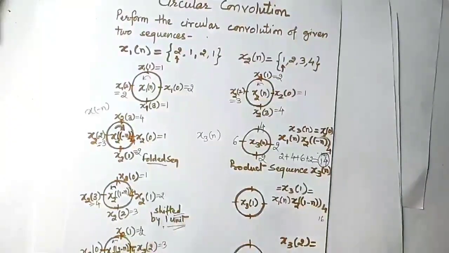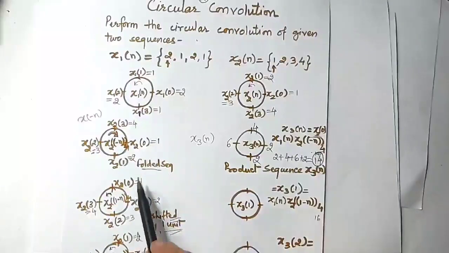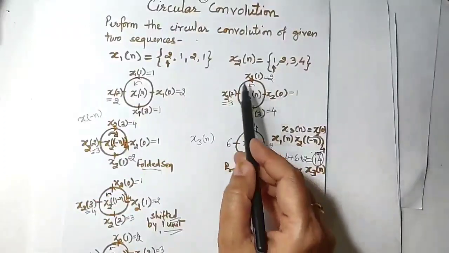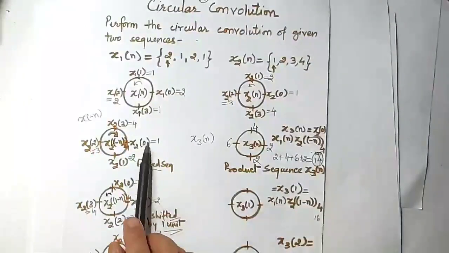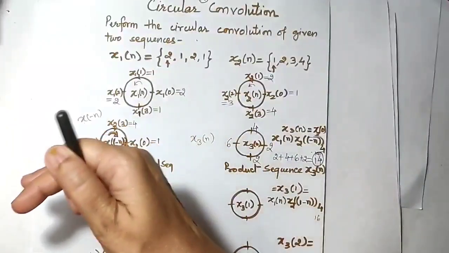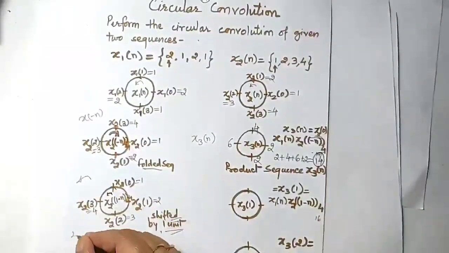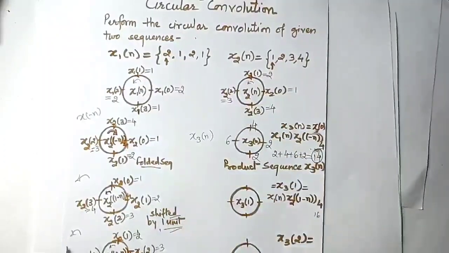We are shifting this folded sequence. So again, we are shifting this anti-clockwise. This will be x0, it was there, and we shift it anti-clockwise. We are unit step shifting, as we have drawn the sequences here.